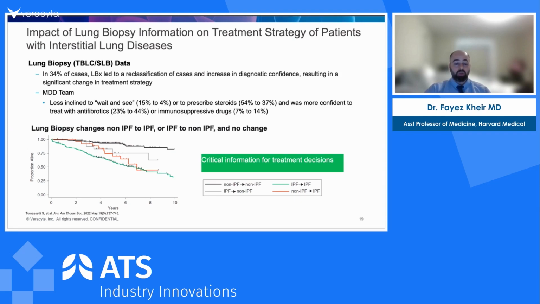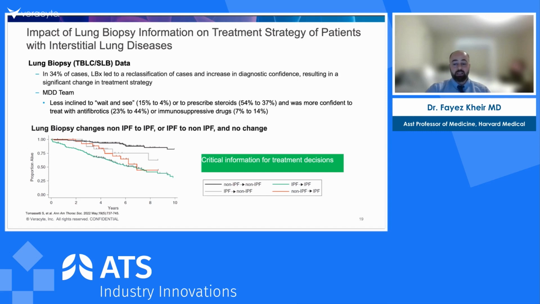Also, the graph at the bottom is very important to show that some patients were initially labeled with IPF. However, after the lung biopsy, they were labeled with non-IPF. And these performed much better than patients who were labeled as non-IPF and eventually were labeled as IPF.